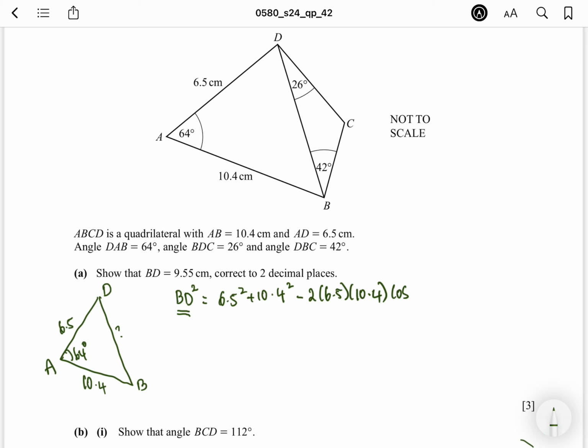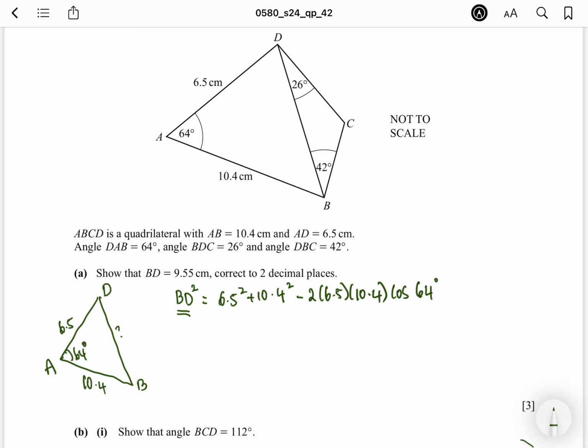In this case, BD is being found, so the opposite one would be 64.